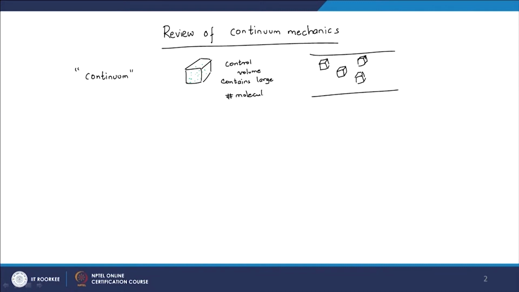Now the question is like, how large is too large? Is it 100? Is it 1000? Is it 10,000? How large is too large? When do we say that we have reached the continuum extreme? And the answer to this is the following, that it shouldn't be too large that we have variations that are significant within the control volume.